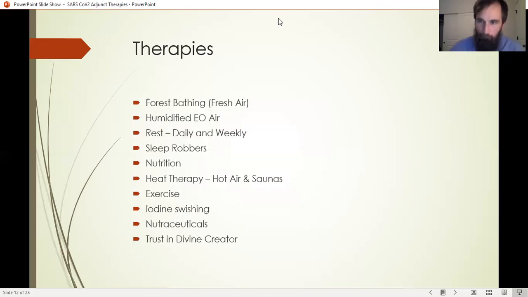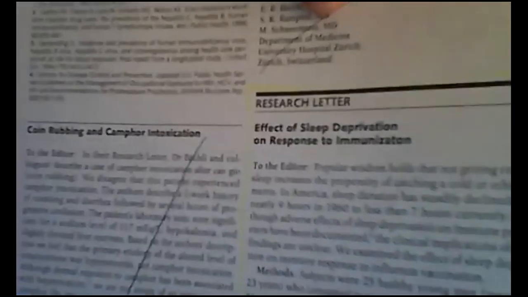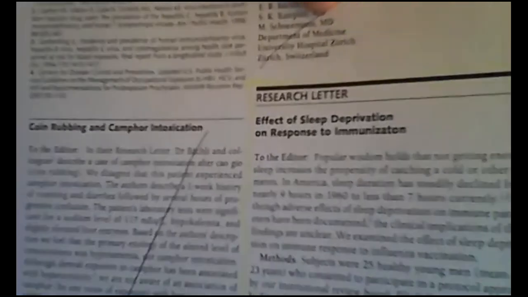I wasn't able to pull this up online because the online version was no longer available, but this is the effect of sleep deprivation on response to immunization.